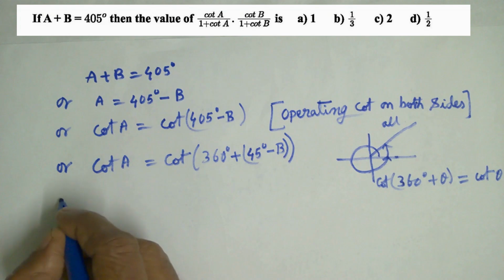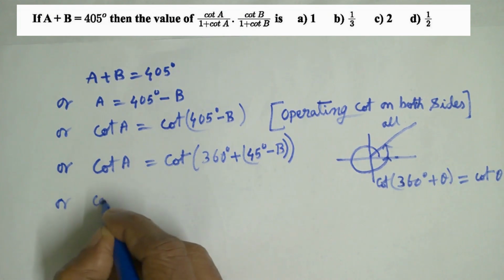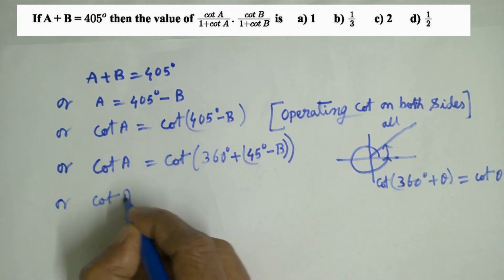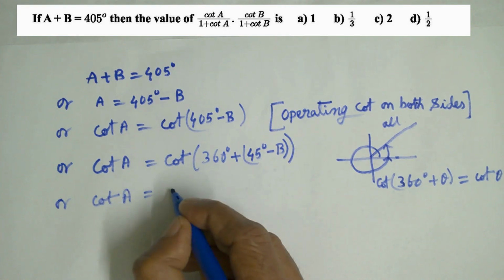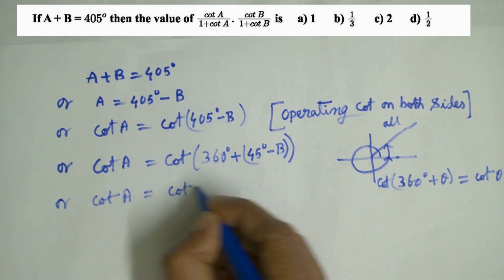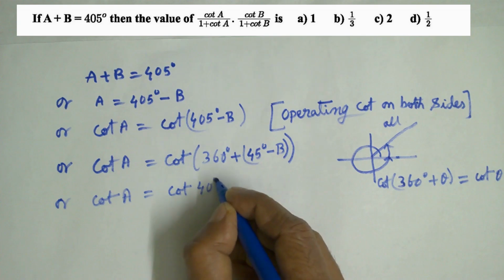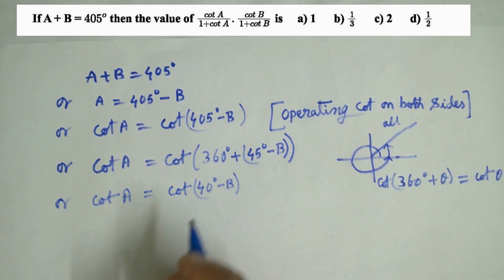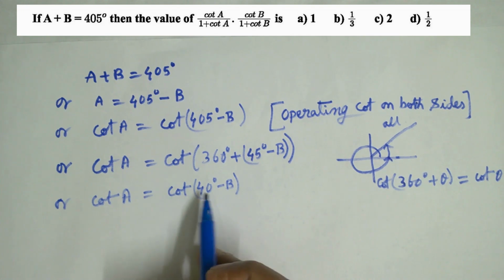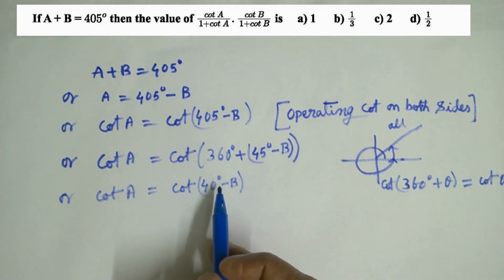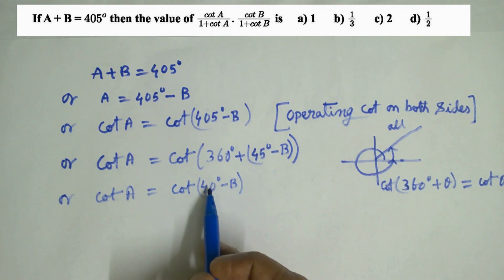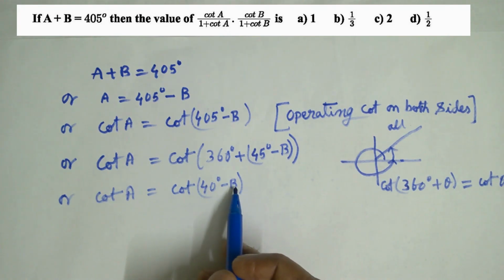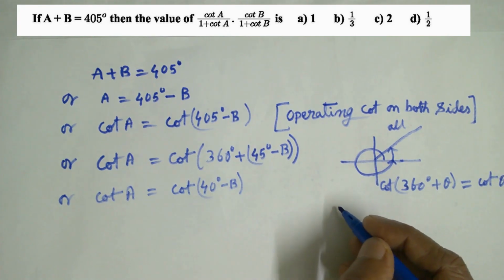So cot of A is equal to cot of 45 degrees minus B. Here we may think of a compound angle: 45 degrees is one angle, the other angle is B. So use the compound angle formula.